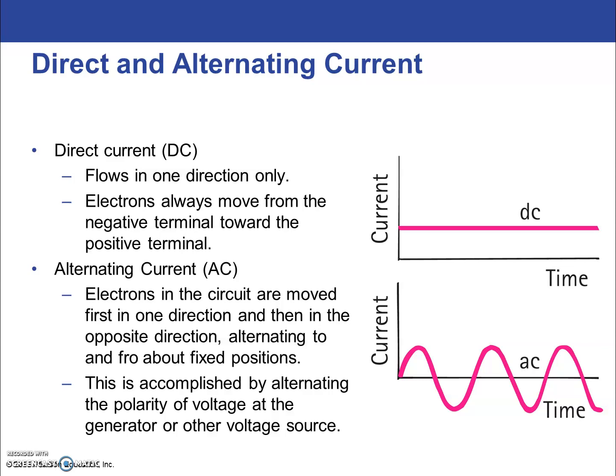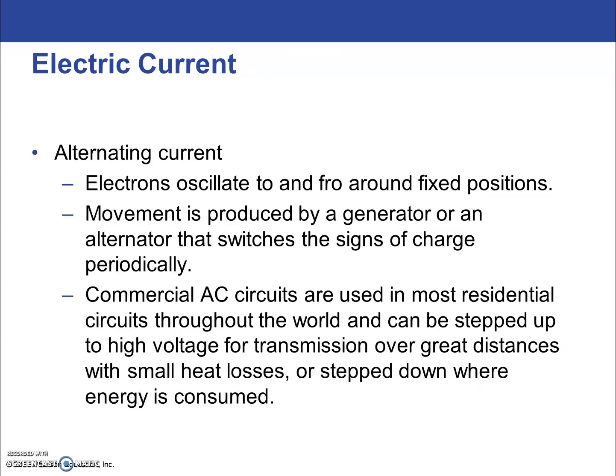Now, there are times where DC current is more useful and times where AC current is more useful. We'll talk more about this a little bit later, but AC currents are generally used for power transmission, right?